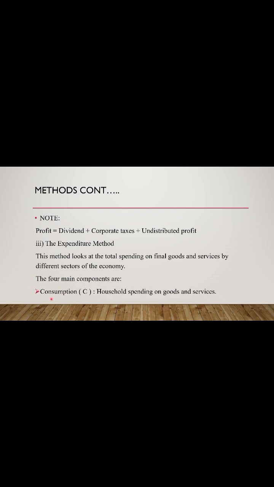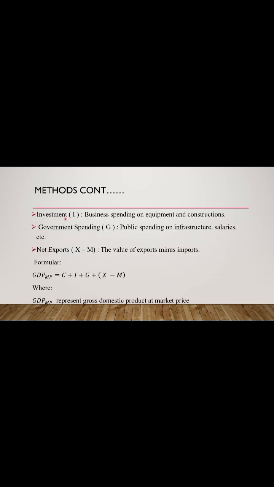Consumption, denoted as C: household spending on goods and services. Investment, which is I: business spending on equipment and construction. Government spending, denoted G: public spending on infrastructure, salaries, etc.